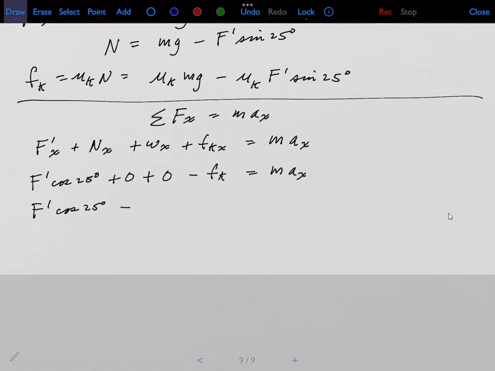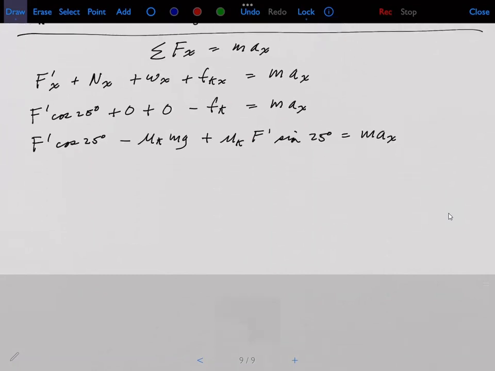Okay, so now I'm going to substitute in Fk. So again, minus, and I have to distribute into an entire Fk, so it's minus mu k mg, and then it'll be plus mu k F prime sine of 25 is equal to max. Just like before, I'm going to factor out, so a little bit of algebra here. I'm going to write this max on the left-hand side. On the right-hand side, I'm going to factor out an F prime. So I'm left with cosine of 25 degrees plus mu k sine of 25.